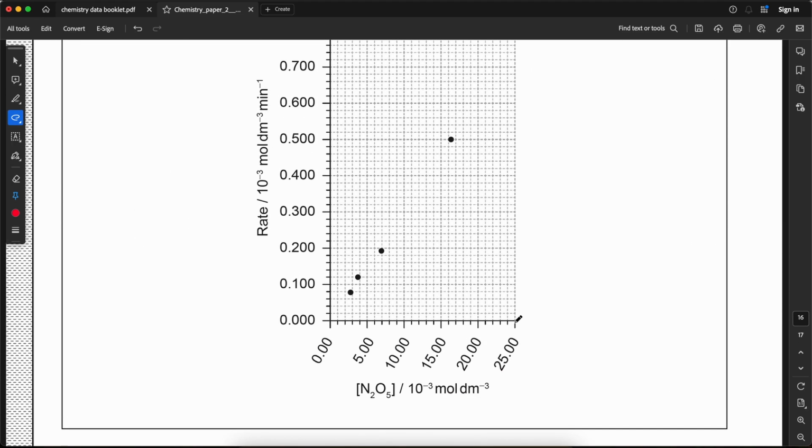So 24.30, so this is 24, so maybe around half, and 0.71, so right here. So draw the best fit line. You must have a ruler with you when you have the exam, so it will be like this.